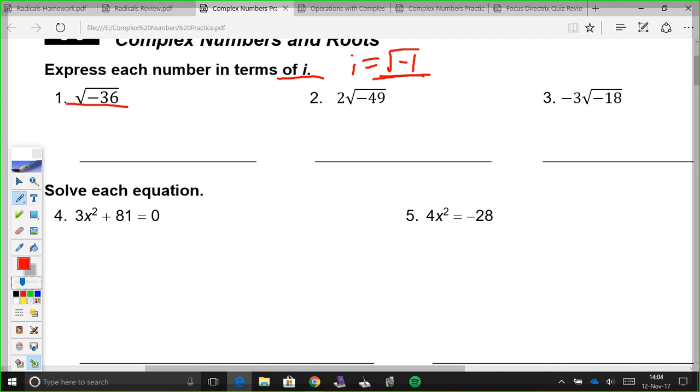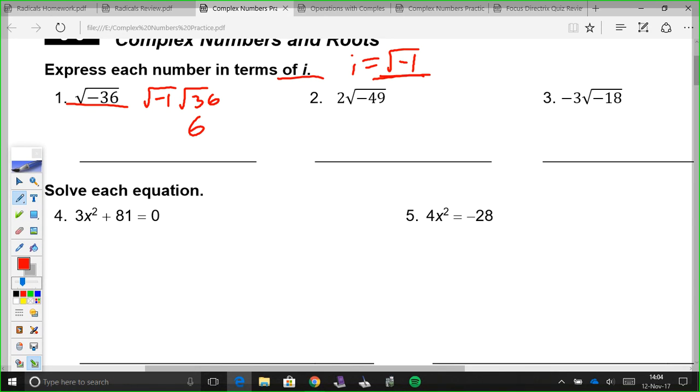So, with the square root of negative 36, the first thing I want to do is separate the negative from the 36. So I'll do that by separating this into negative 1 and then a positive 36. I've separated the negative away from my 36, because I know what the square root of 36 is, and I can simplify that because now it's positive.